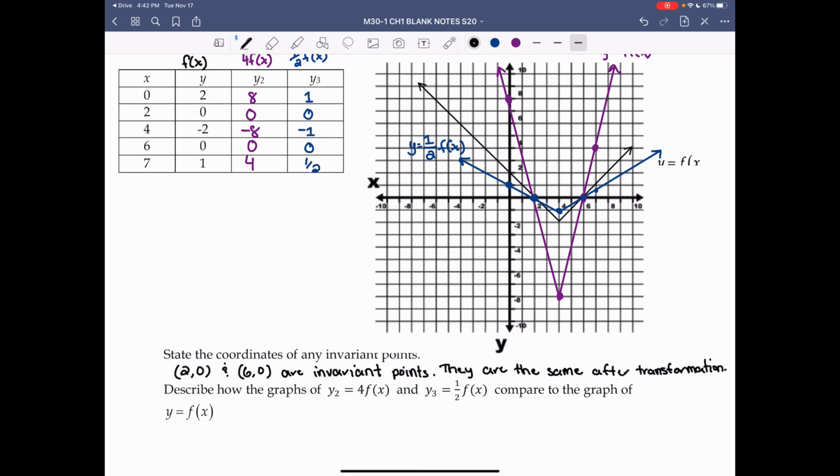Describe how the graphs of y2 equals 4 f of x and y3 equals 1/2 f of x compare to the graph of y equals f of x. y2 has y values 4 times larger than y equals f of x.